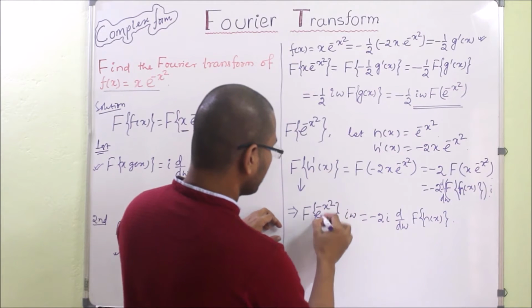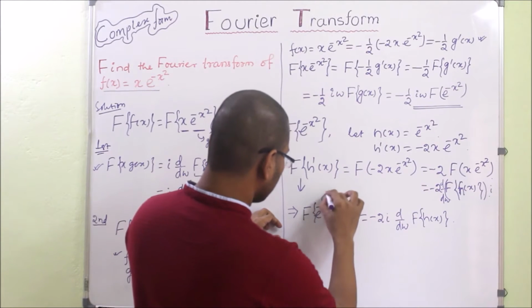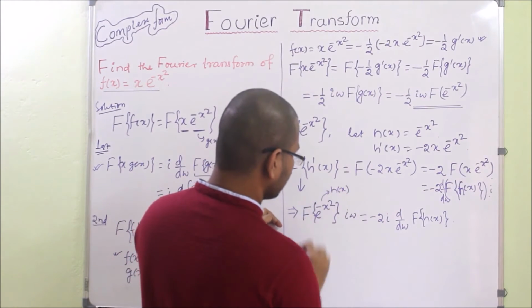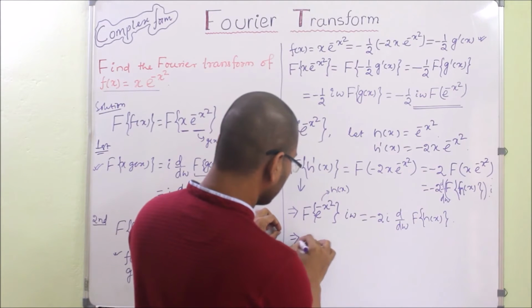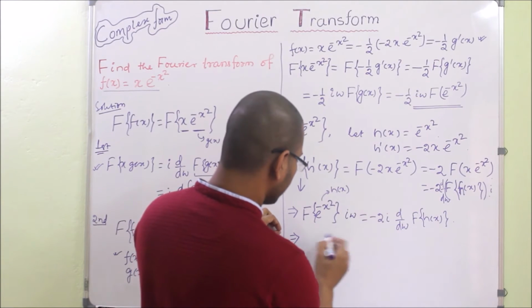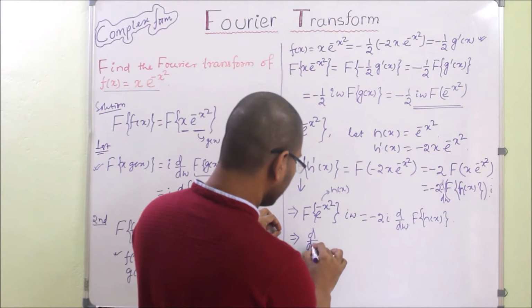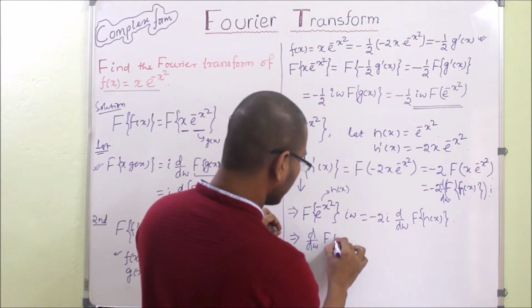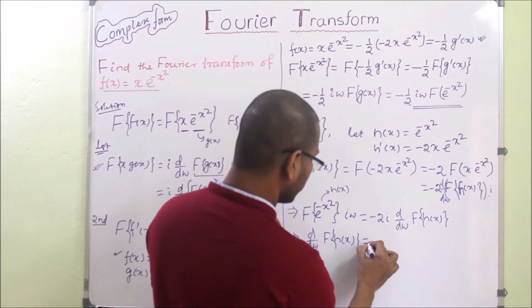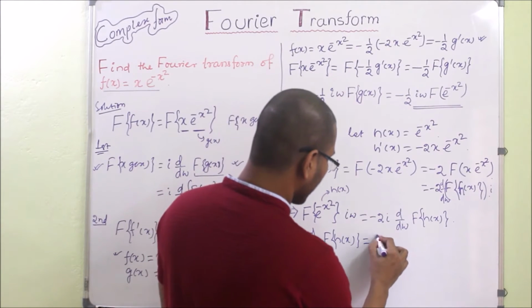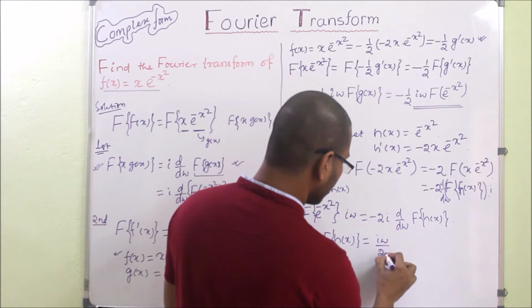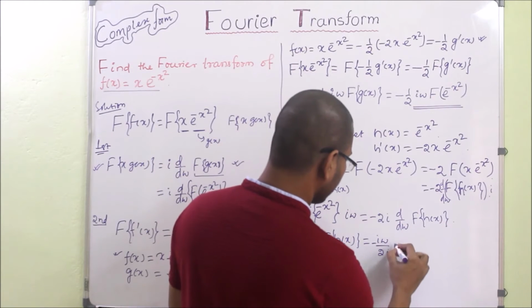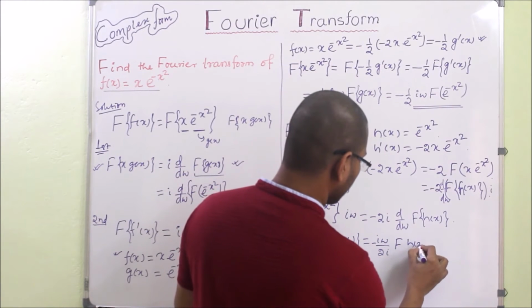And this is nothing but h of x. This is nothing but h of x. So what we will do, we will take this d by dw of f of h of x one side and other things another side. So it will be IW by 2I with minus sign f of h of x.